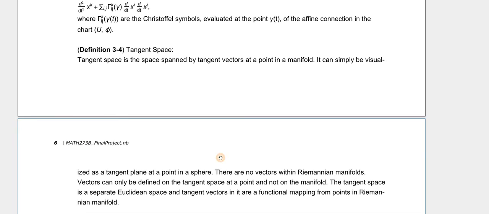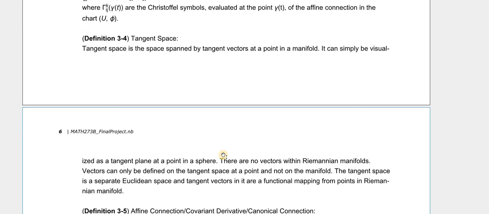But the more important aspect here is defining what a tangent space is. Back in calculus, when we defined a tangent to a point, that's when you define what a differential is at a point. In our case, a tangent space is a space spanned by our tangent vectors at a point in a manifold. It can be visualized as a tangent plane at a point on a sphere.